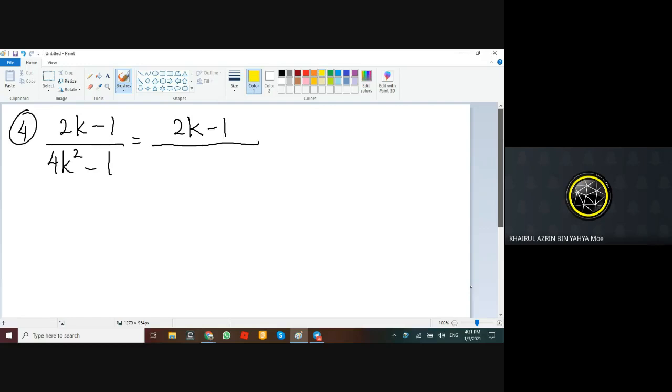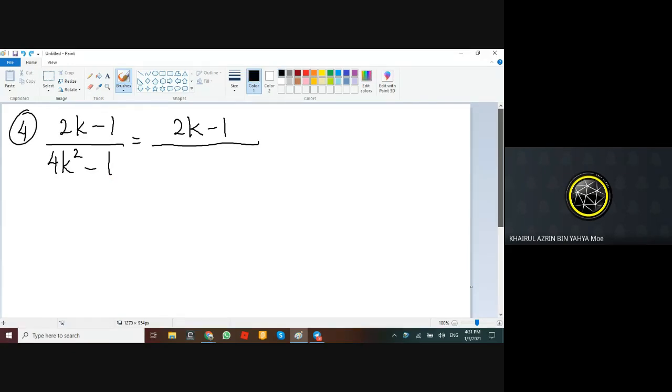Why? Because 4k square is a perfect square. 1 is also a perfect square. 1 is 1 times 1. And in the middle, we got minus.